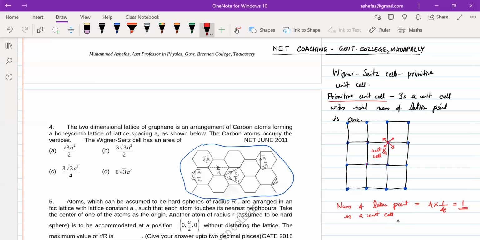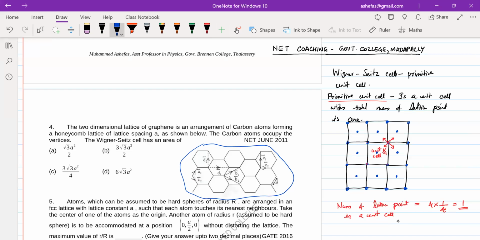And which are the non-primitive unit cells? Is there any possibility of a non-primitive unit cell? Yes, there are non-primitive unit cells. For example, if you take a rectangular centered unit cell, there will be lattice points at the corners as well as at the center of the unit cell.